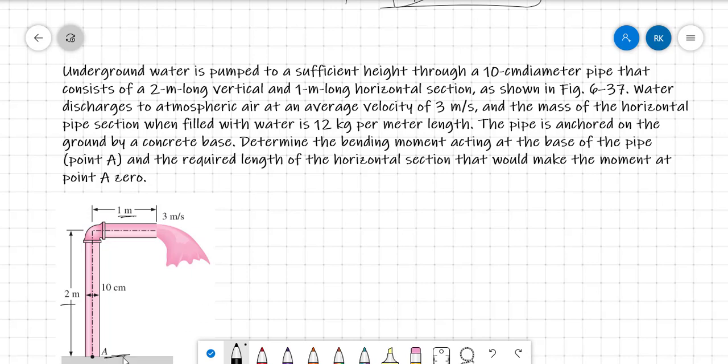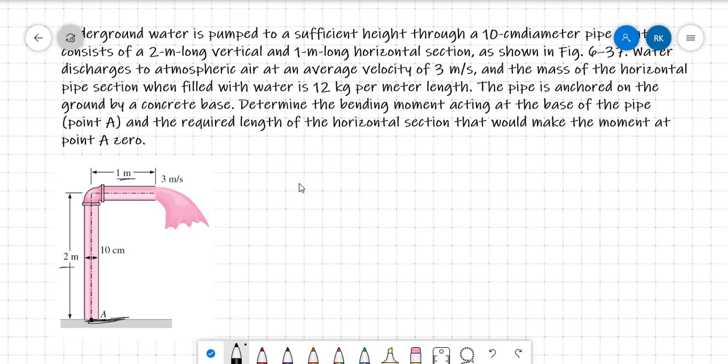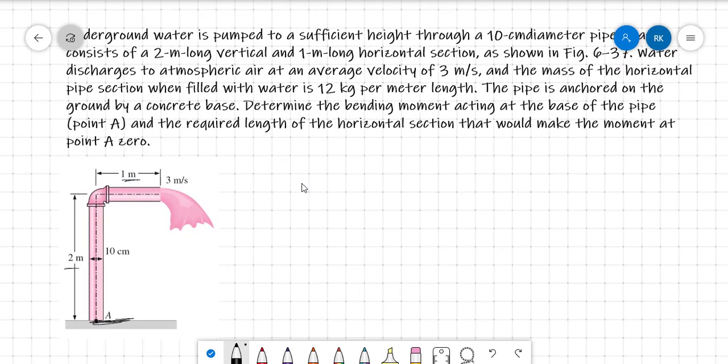So here there is attachment. Determine the bending moment acting at the base of the pipe, point A, and required length of the horizontal section that would make the moment at point A 0. So the question asked here is, determine the bending moment acting on the base. What is the bending moment that is acting?